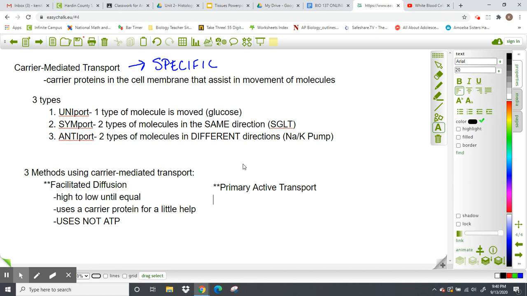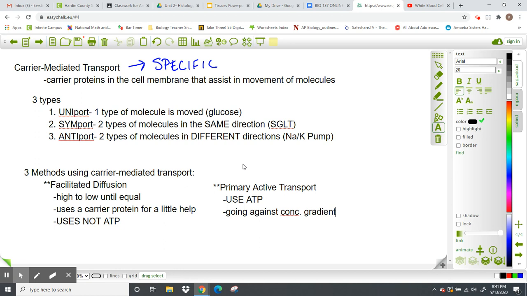So in primary active transport, we use ATP, so we are actually going against the concentration gradient. What that means is we're moving molecules from an area of low concentration to high concentration. We have to use the energy because we're going opposite of the natural tendency of the molecules.